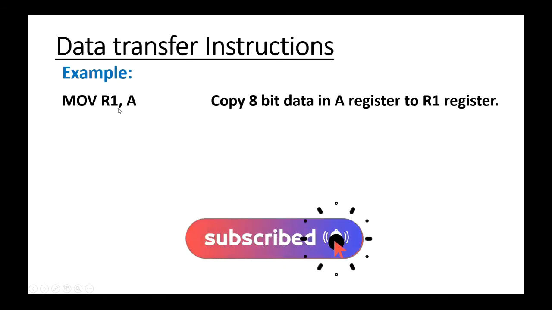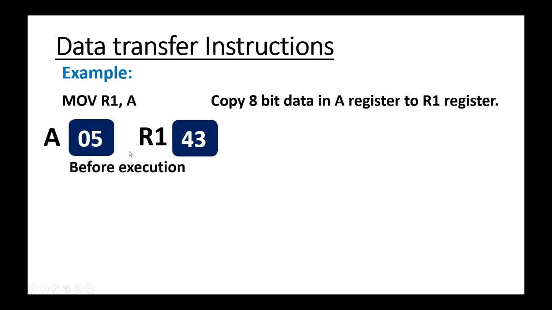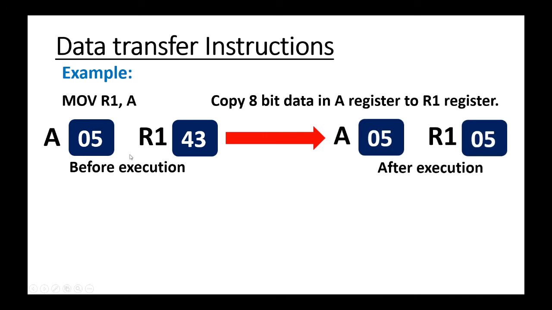Next instruction is MOV R1, A. Here the 8-bit data of the accumulator will be copied into R1. We assume that A has 05 before execution and R1 has 43, and after execution this 05 is copied into R1.